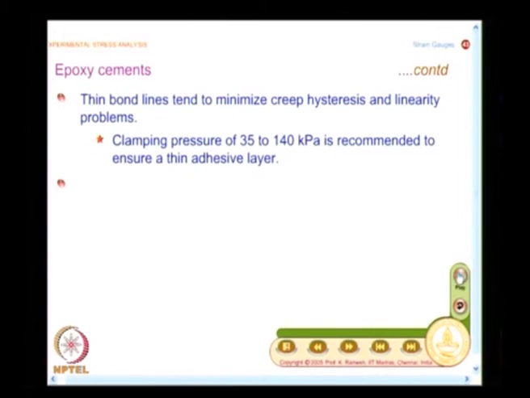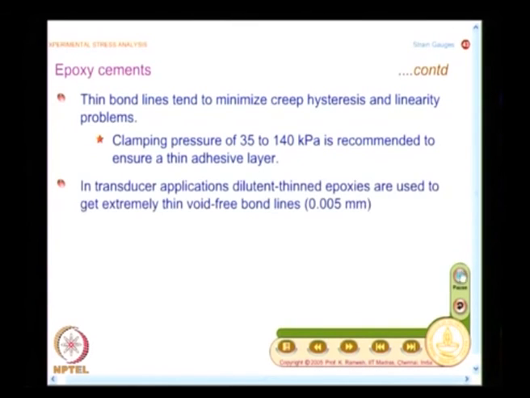And if I go for transducer application, you are expected to make even thinner bond lines. So, in order to make it thinner, what they do is they add a diluent to epoxy, so that epoxy, which is very thick, very highly viscous, is thinned, and also apply a higher pressure.